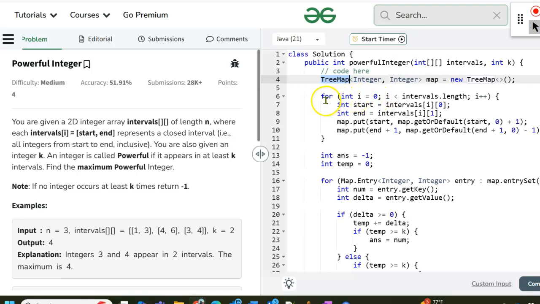Now, if we do a prefix sum across all of the numbers, then every time we hit the start of an interval, the count is going to go up. Every time we hit the end of an interval, the count is going to go down, and every number in between is automatically taken care of. We just need to keep track of the transition points, the start and end.